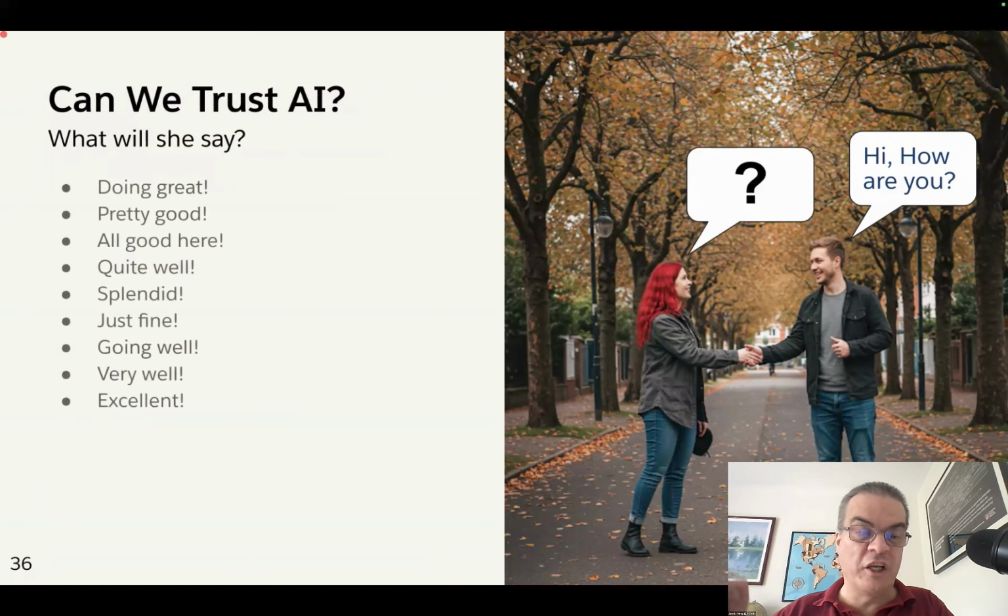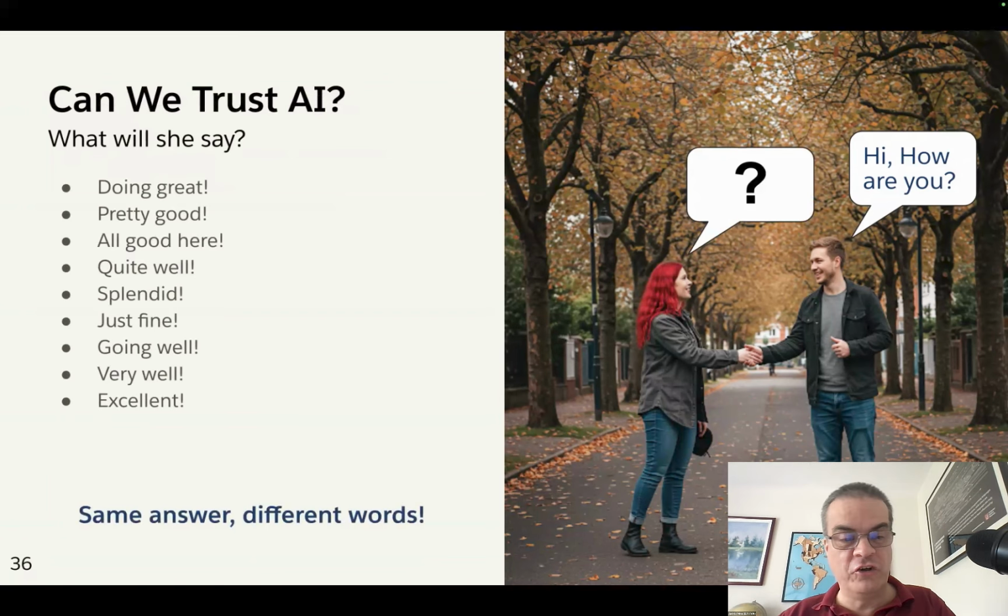Well, she can say doing great, pretty good, all good, quite well, splendid, just fine, going well, very well, excellent. Same answer, different words. She's not going to punch him. She's not going to run. She's not going to call the police. So there are things that we know are going to happen that are deterministic, and some things that we just need to trust are going to work. Now, trust but verify.